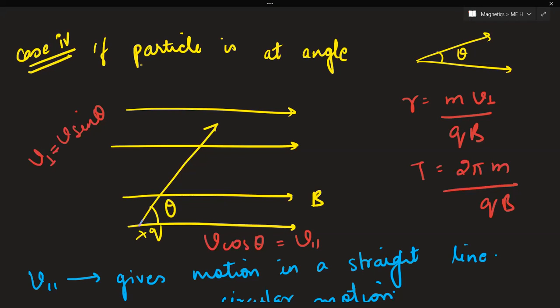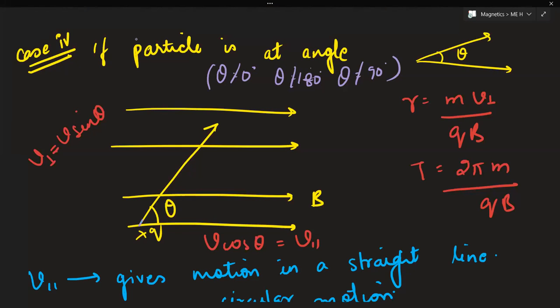We do not know which angle this is, but for sure we know it's not 0 degree, not 180 degree, and not 90 degree. Why? Because had it been any of these angles, we know the answer: for 0 and 180 it will be 0, and 90 degree we have already seen.